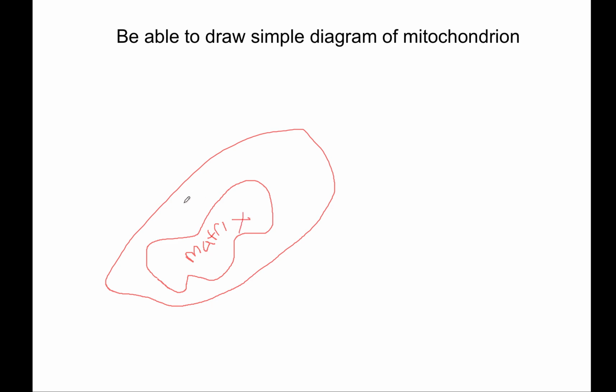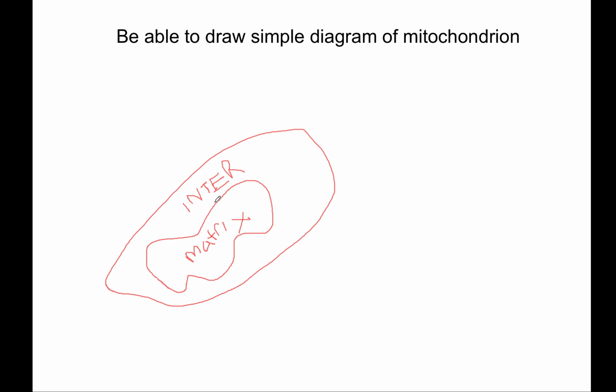And then this is the intermembrane space. I'm not going to write out membrane space because it takes me forever to write with my finger and the trackpad.